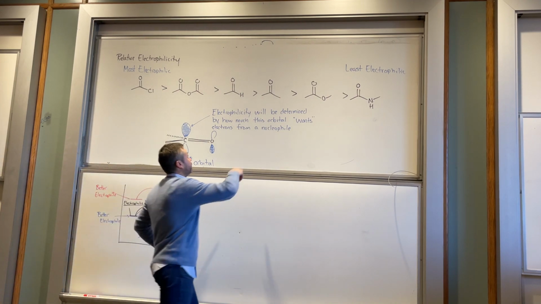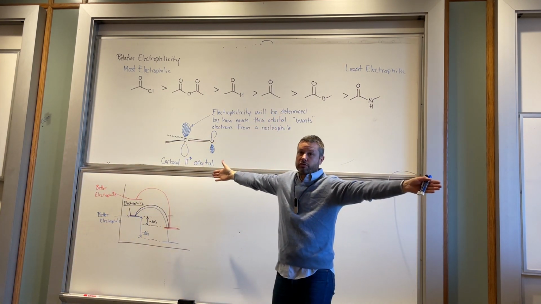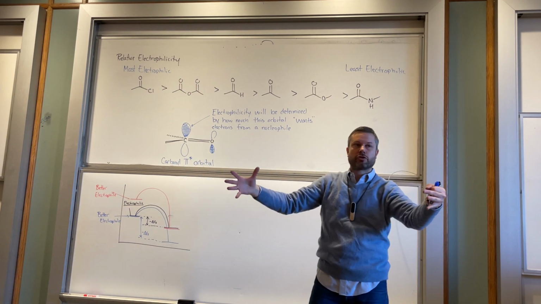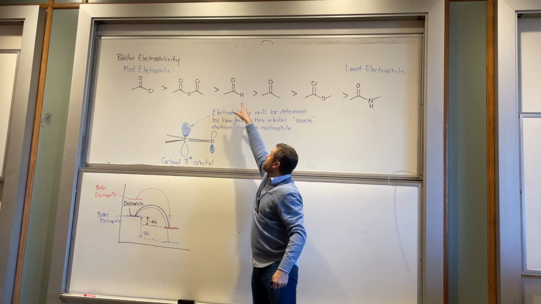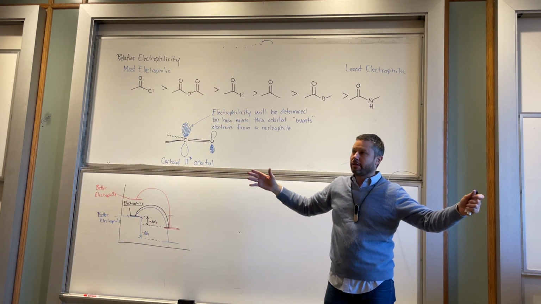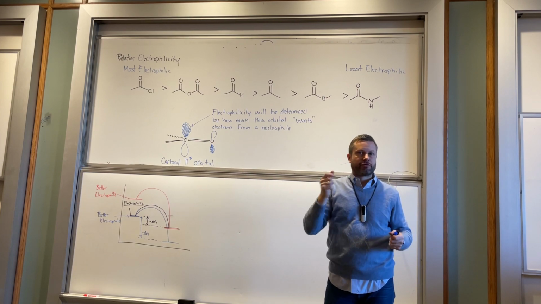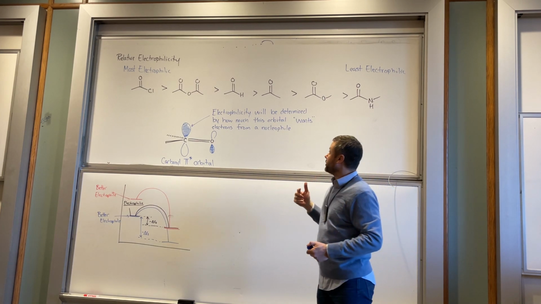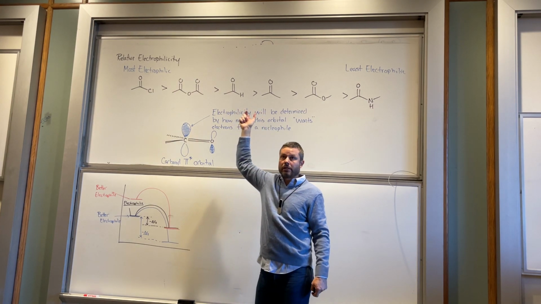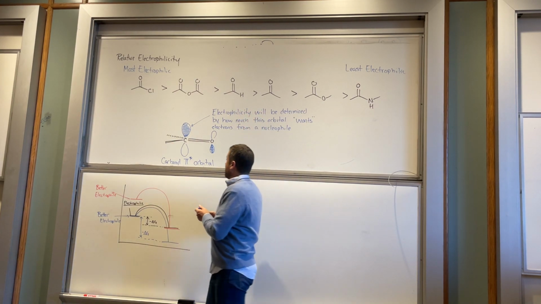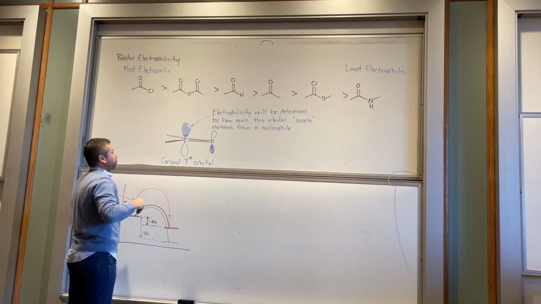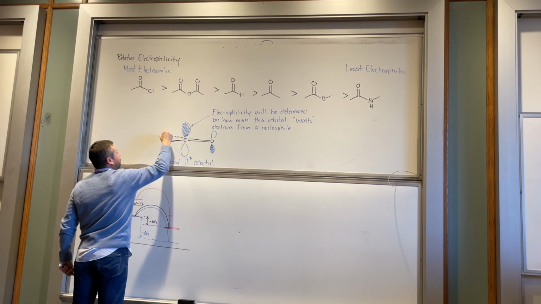For ketones with two methyl groups, it's harder to go from 120 down to 109.5 because we have to shove those two methyl groups closer together. Aldehydes have a hydrogen and a methyl group, and that hydrogen can fit a lot more easily in that tetrahedral geometry. So we explain the relative electrophilicity by looking at the energy of the products. We can also think about how that hydrogen or the methyl group affects the energy of the starting material.